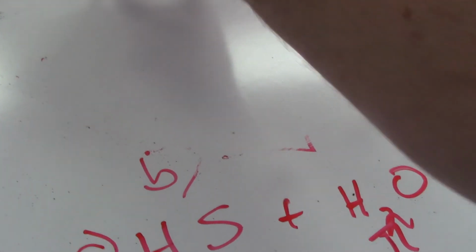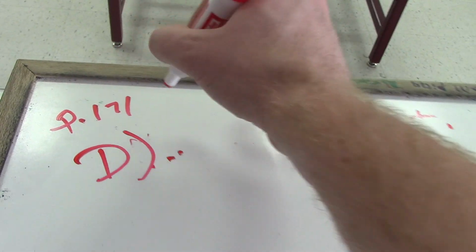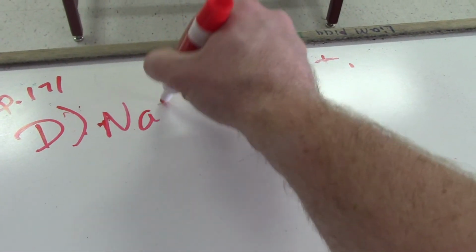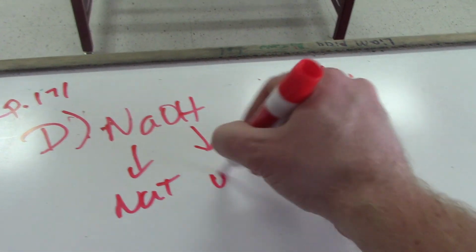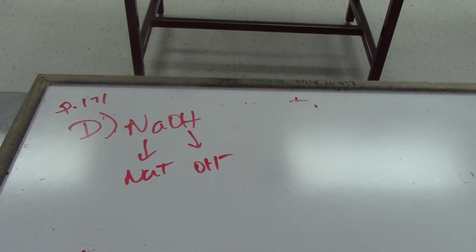Now D, and again this is page 171, NaOH. This makes Na plus and OH negative. We need to dissociate this first because hydroxide is what we're dealing with.